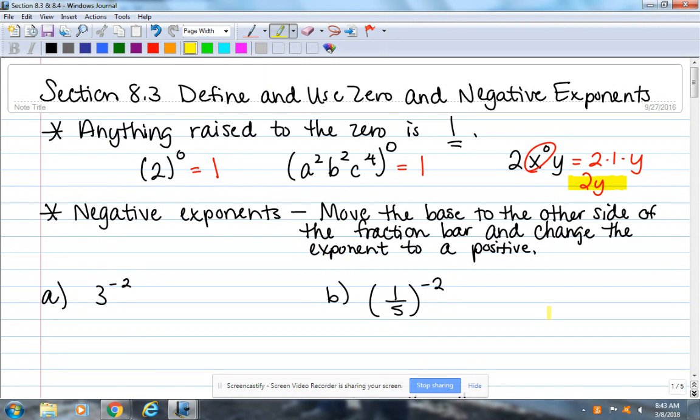Does that make sense? So in this last example, the x is the only thing that was raised to the 0 power, so it's the part that turned into a 1. So that's it for 0 exponents. We might see a few of them built into some more problems.